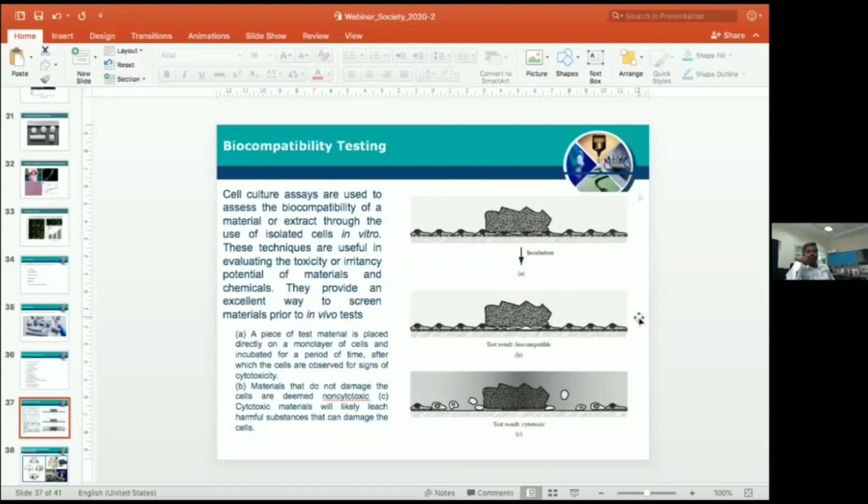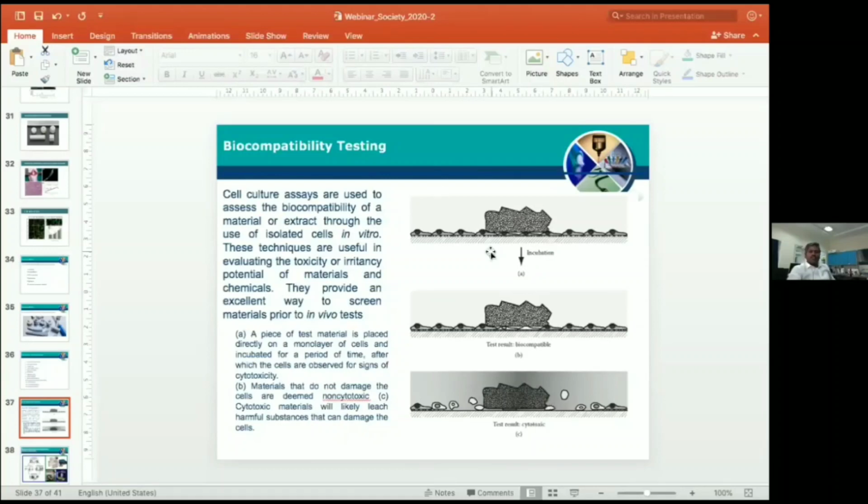Based on that, we can say whether the developed materials are biocompatible or not. In this case, for example, we can show the scaffold is killing the cells. In that case, the developed materials are toxic in nature.